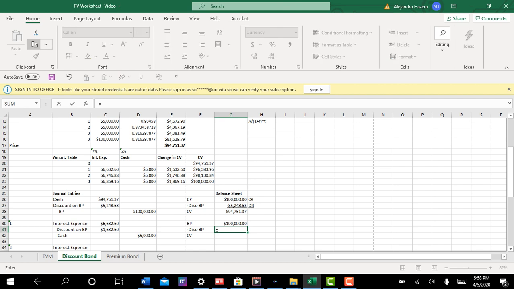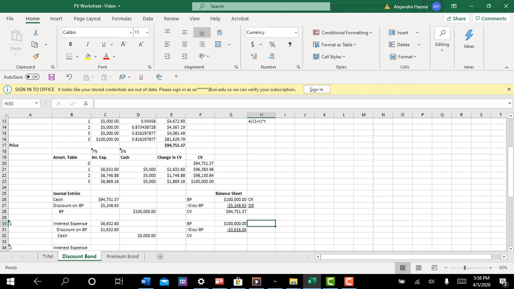Now the change in the carrying value is going to be negative 524, which is your previous year's carrying value, plus that 1632. Notice that your carrying value went down from 5,200 to 3,600, and of course, the bond payable is still a debit, and the carrying value is still a credit, but it's a credit that went down.